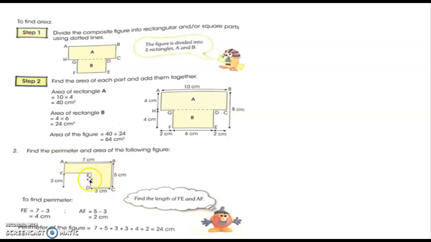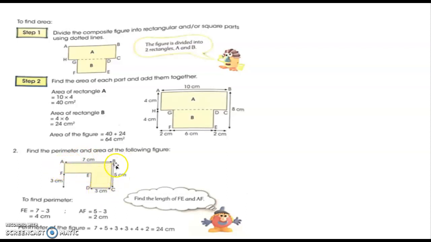Okay, now area. Let's separate from this side, this way. Let's separate from E towards BC. So you will have a rectangle where the length is 7 and the breadth is 5 minus 3, 2, right? So that means 7 times 2, length into breadth, is 14.